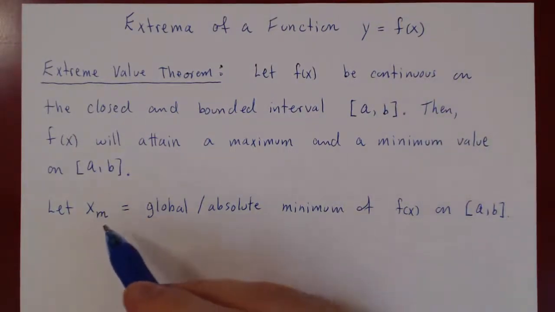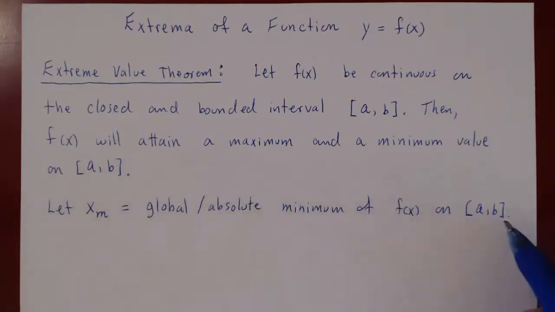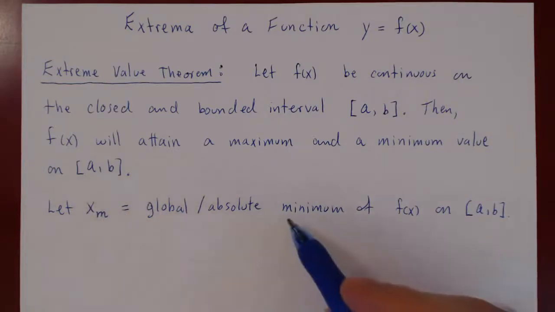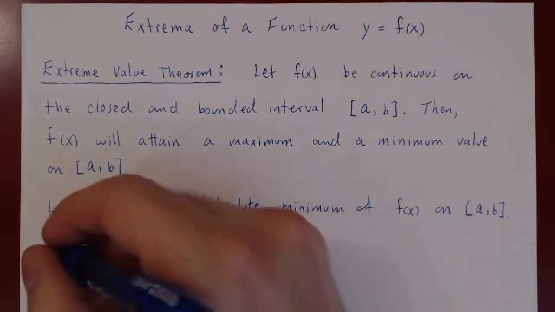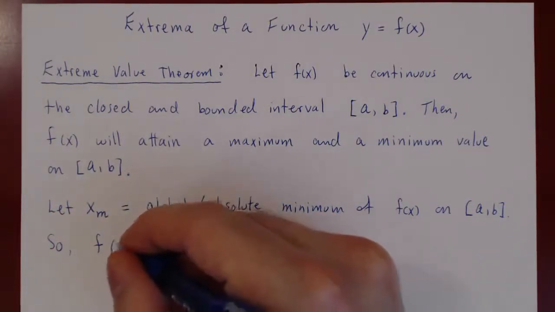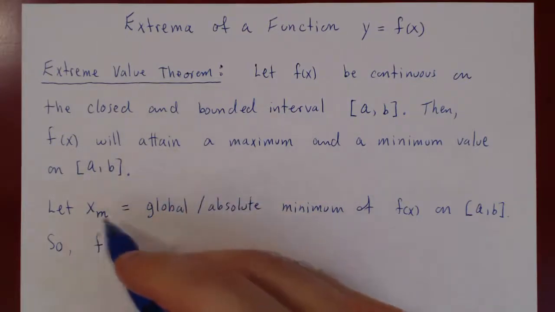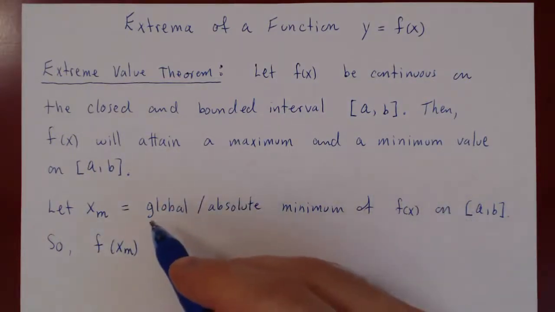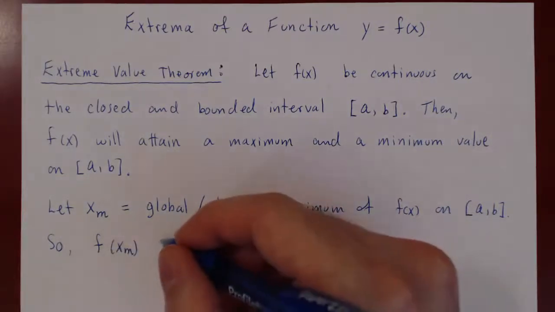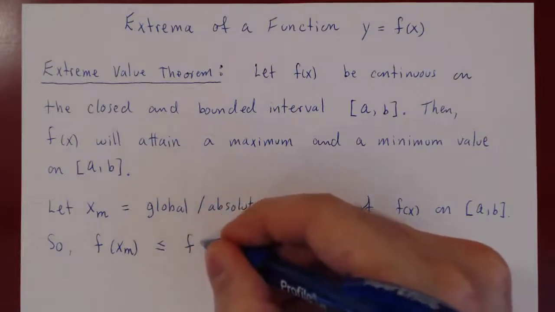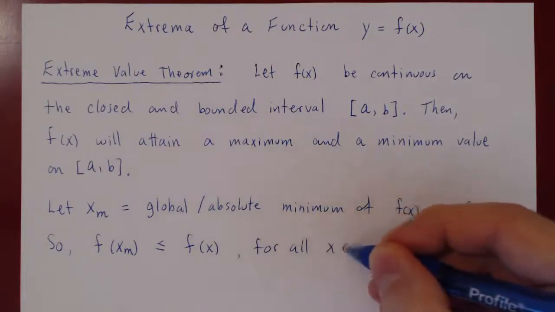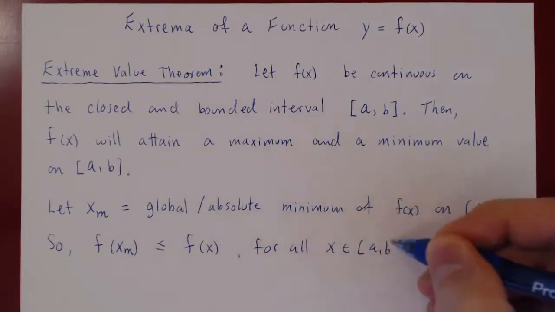Well, what does that mean? If xm is a global absolute minimum of f of x on a b, it means that the function f attains its smallest value at this point. So, if you take the value of f at this point, because this is a minimum point of the function, then the value of the function at this point must be less than or equal to any other value of the function, so for all other points x inside of the interval.